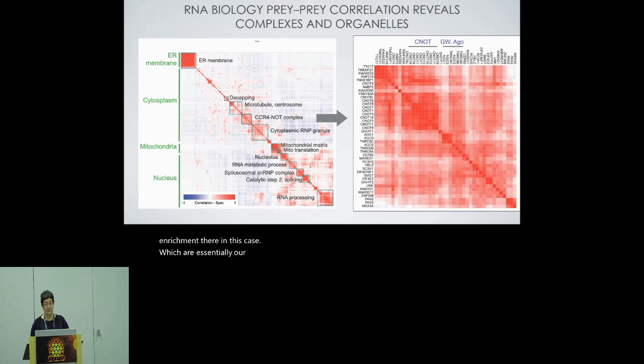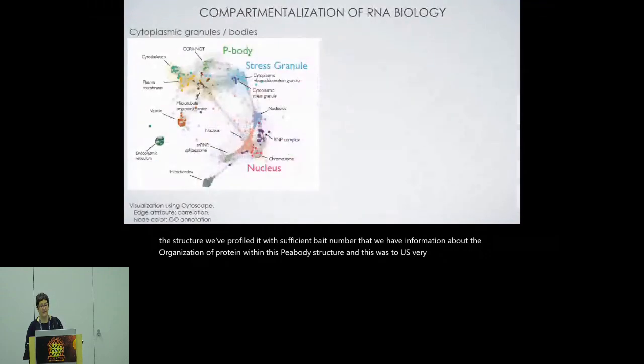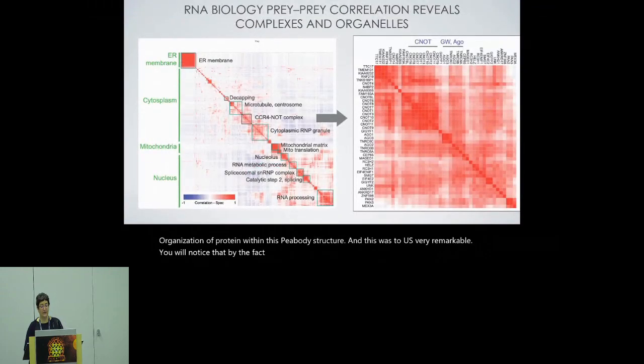So essentially the P-body is blown up here, and within the structure, we've profiled it with sufficient bait number that we have information about the organization of proteins within this P-body structure. And this was to us very remarkable. You will notice that the CCR4-NOT complex, this deadenylase complex, clusters very, very closely together.